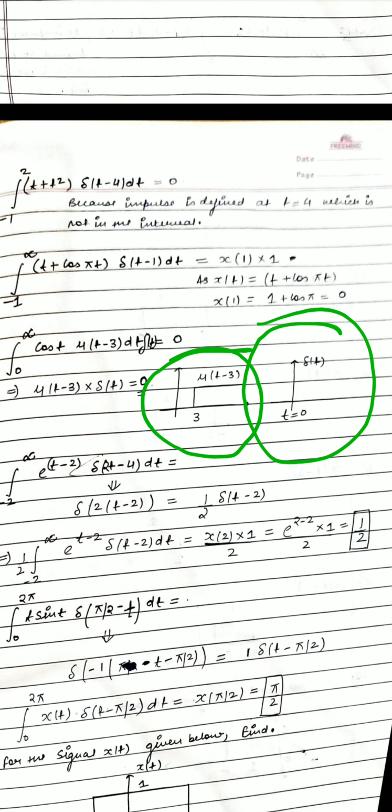When we multiply these two, just multiply the way you multiply algebraic terms, we will get 0. Yes, the impulse is defined at t is equal to 0 and t is equal to 0 is in the limits, but we have to see other things also. As u of t minus 3 multiplied by del of t is 0, we can't solve further, we can directly say that it is 0.